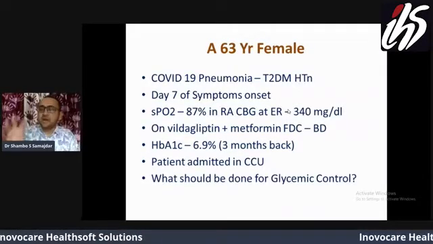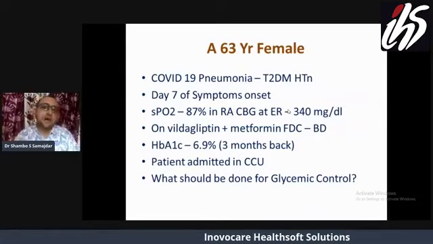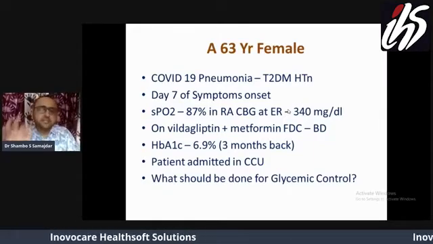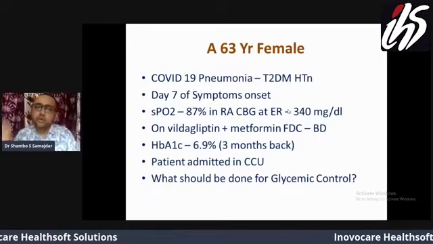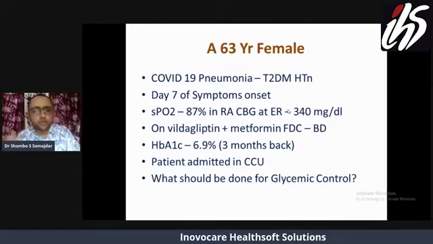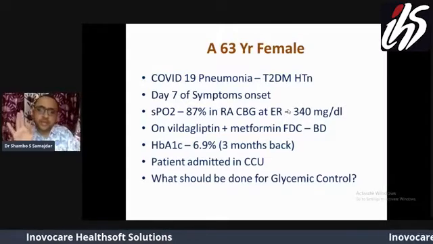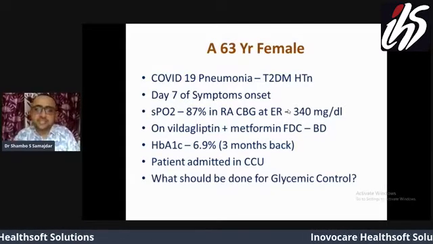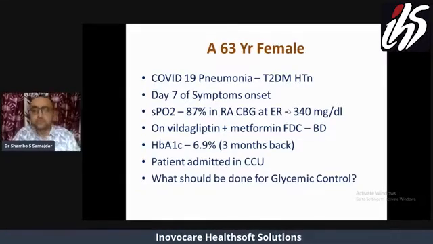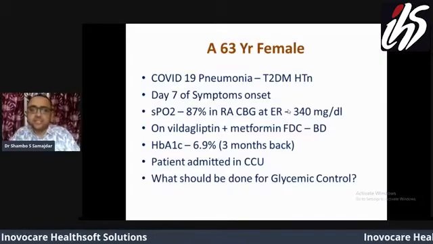Now I am giving a few real-life scenarios just to stimulate our respected delegates' views. A 63-year-old female developed COVID-19 pneumonia, with other comorbidities like hypertension and diabetes, and was admitted to hospital at day 7 of symptom onset, saturation 87% in room air, CBG at emergency room 340 milligram per dL.